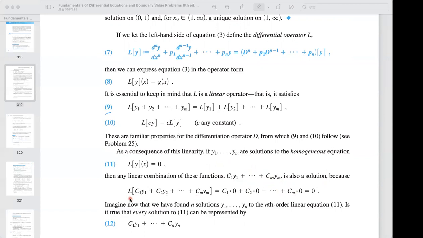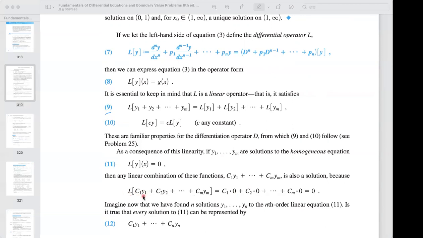You just apply L on this linear combination, and by linearity properties 9 and 10, you get C1 outside the bracket times Ly1.